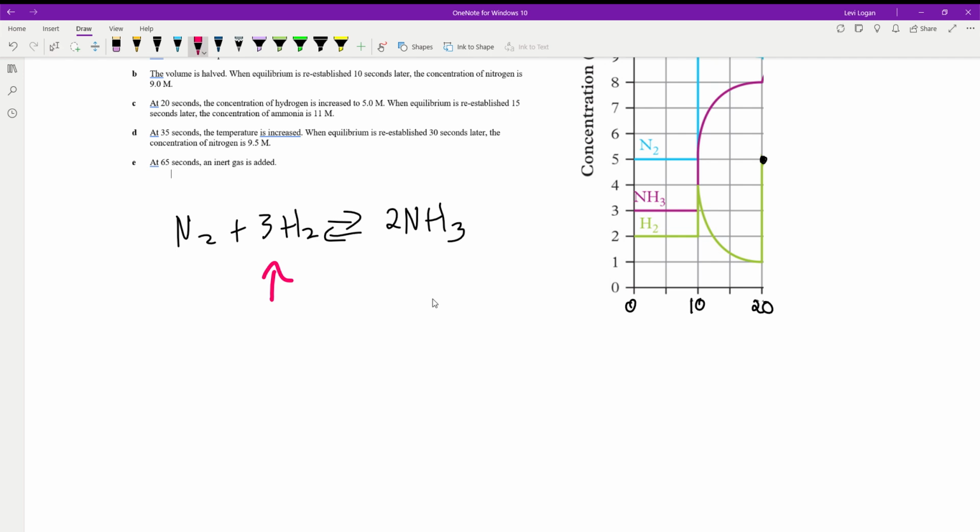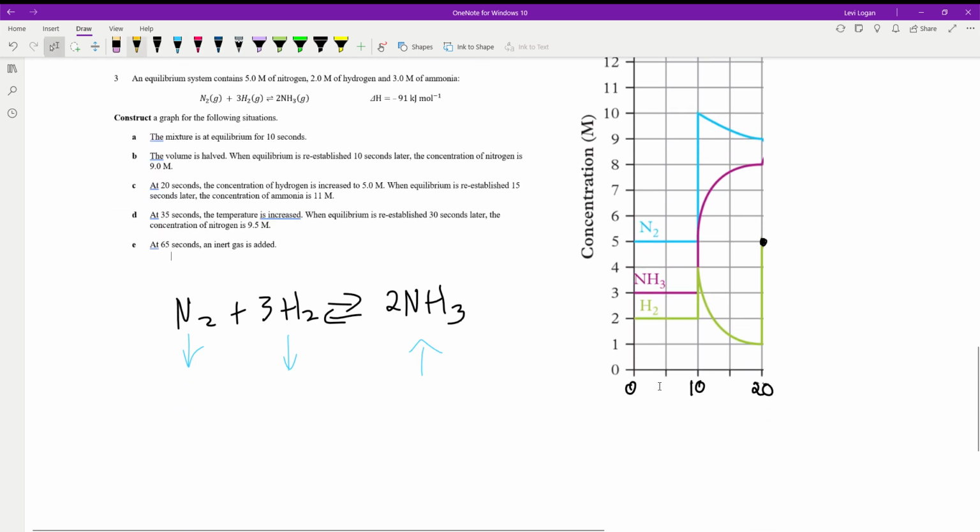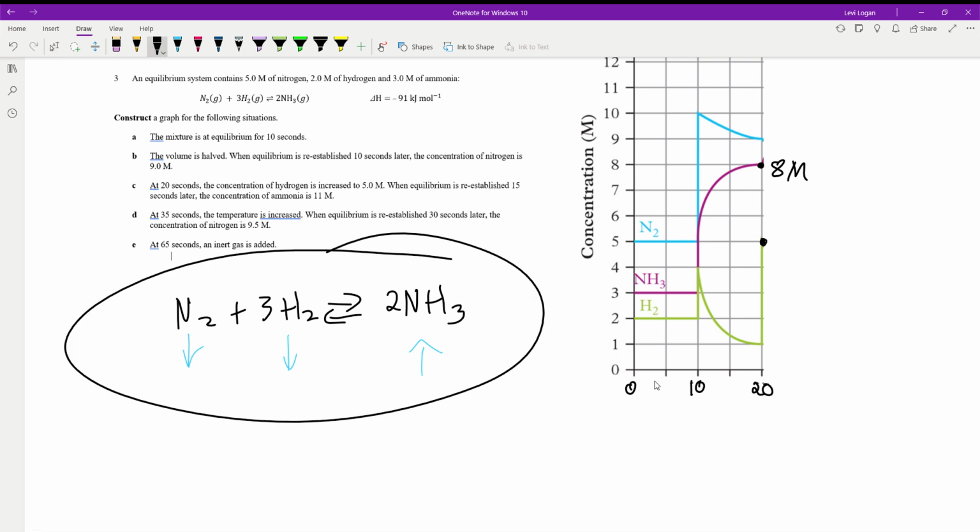Because hydrogen has been added, it's going to decrease the hydrogen, which means it's going to decrease the nitrogen and increase the ammonia. We can see here it's at 8 molarity. It's going to increase to 11. That's why it's increasing to 11, because we added hydrogen and it's going to counterbalance that.